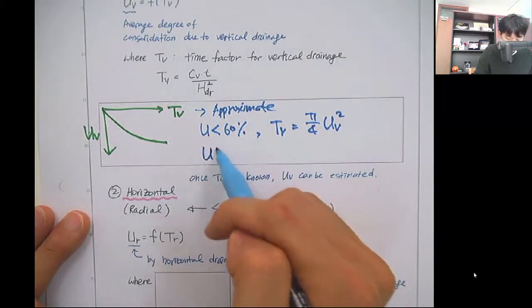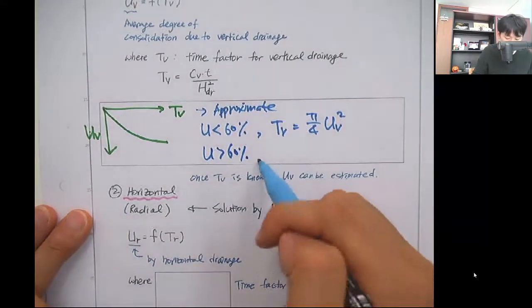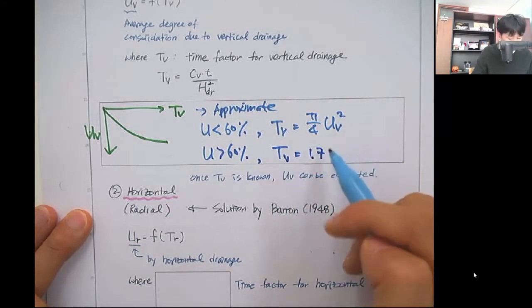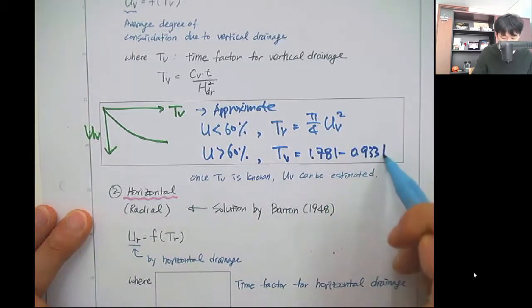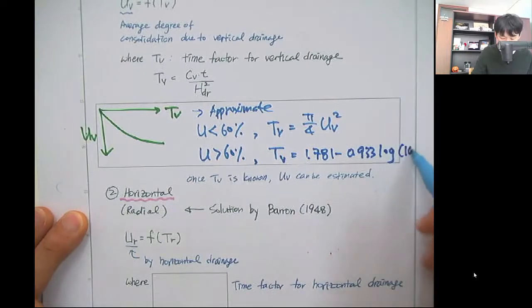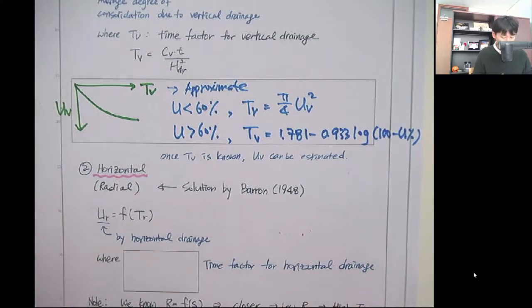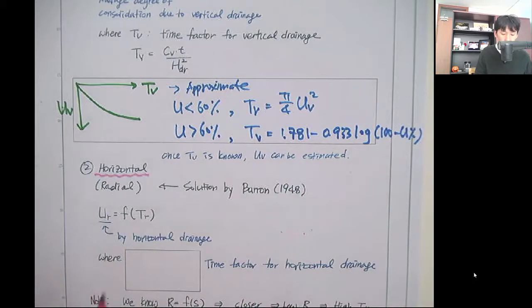And when UAVG is larger than 60%, time factor is 1.781 minus 0.933 log (100 minus UAVG). So once TV, the time factor, is known, then the average degree of consolidation can be estimated.